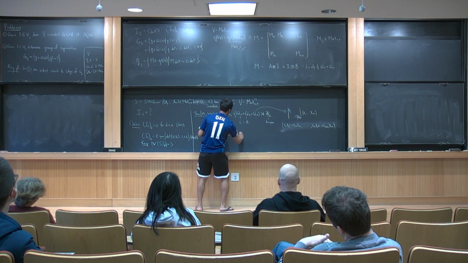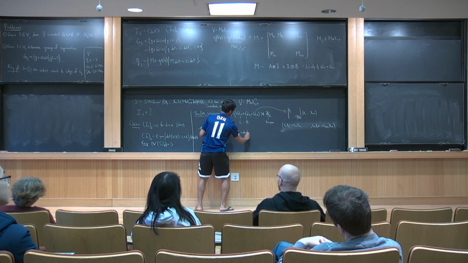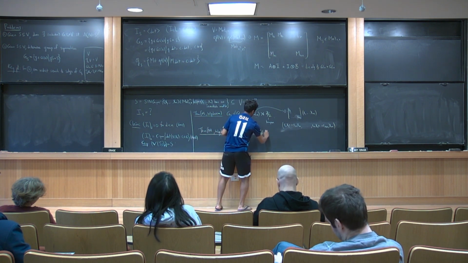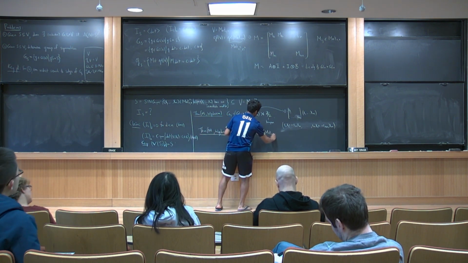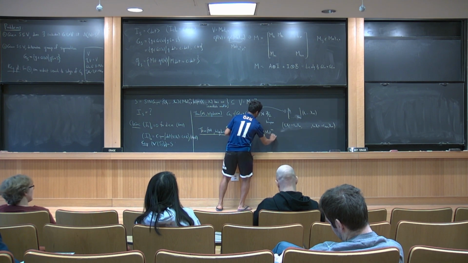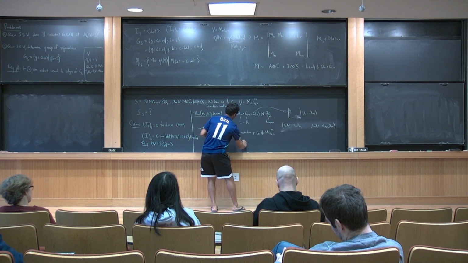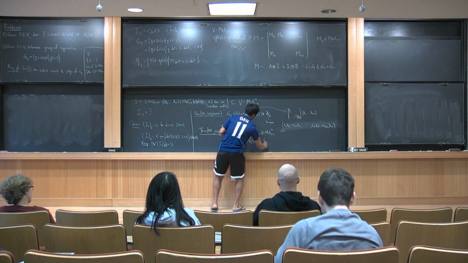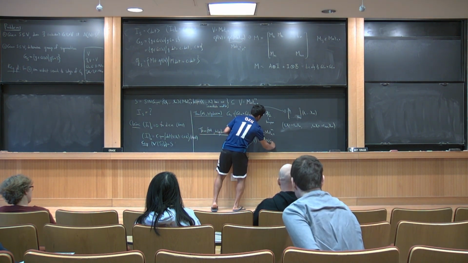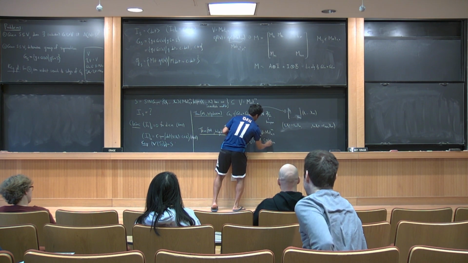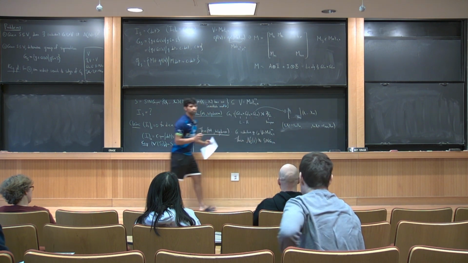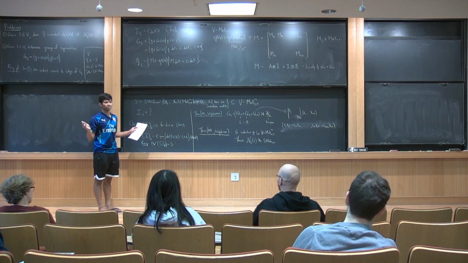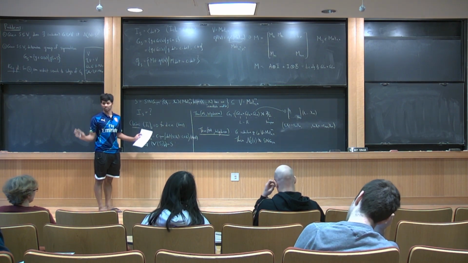If G is a reductive group acting on m tuples of n by n matrices, then the null cone is not equal to the singular tuples of matrices. Okay? It doesn't matter what reductive group it is. The null cone simply cannot be the singular tuples of matrices.